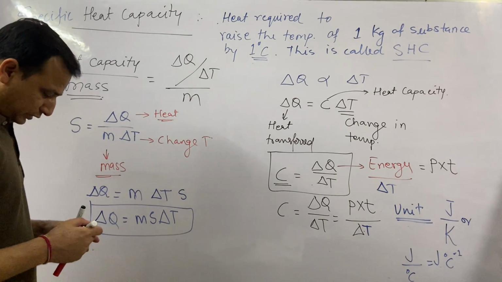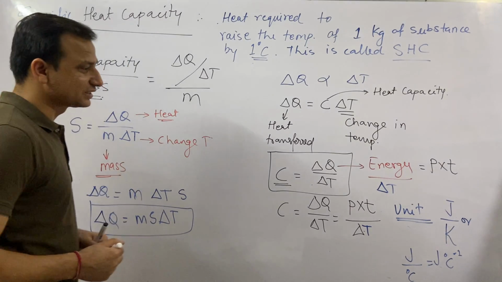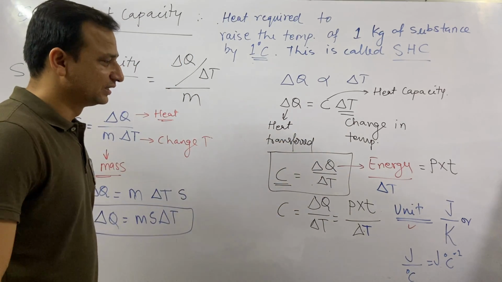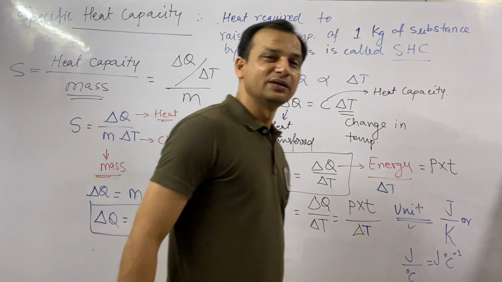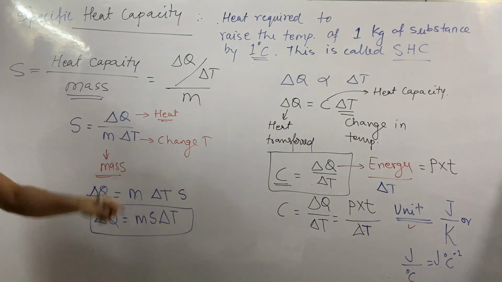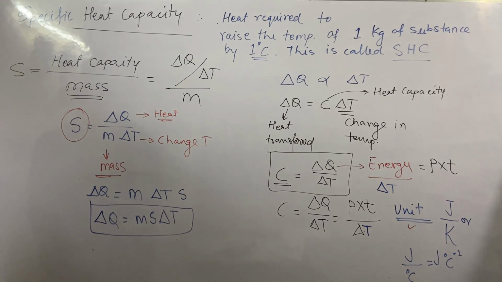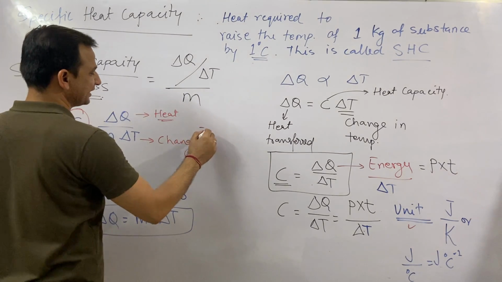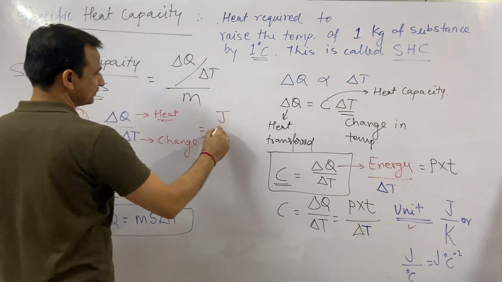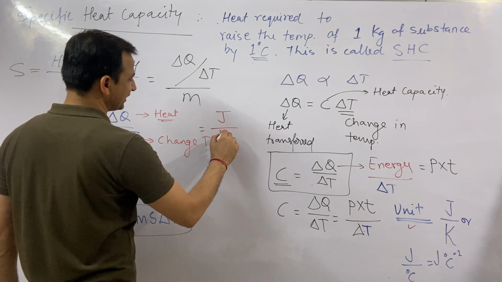Now there is one more important thing, which is the unit. So the unit of heat capacity is joule per Kelvin. So what should be the unit of specific heat capacity? You may have already guessed, joule, because that is the unit of energy, and the unit of mass, I'm taking here kg.